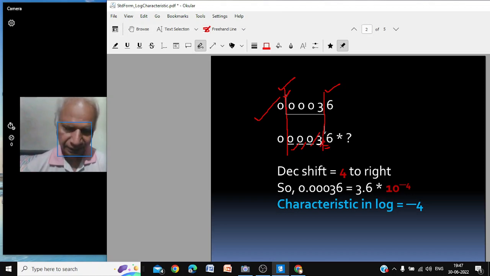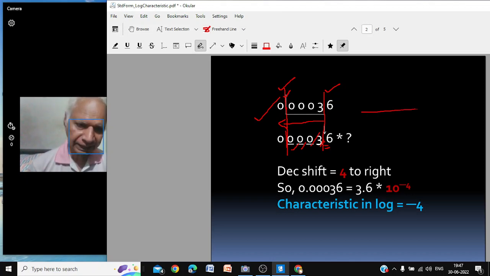That means the original point was 4 places to the left. You are putting it after 3, but it should have been here. So it should be shifted 4 places to the left.